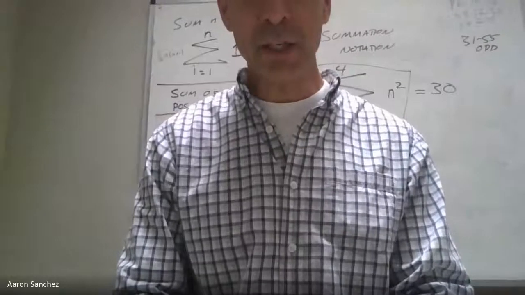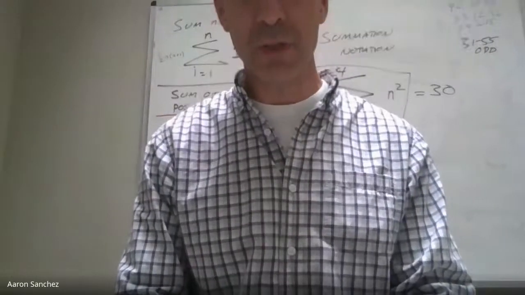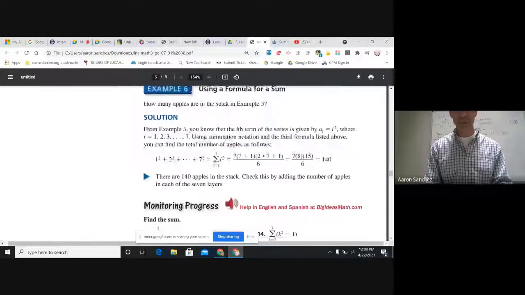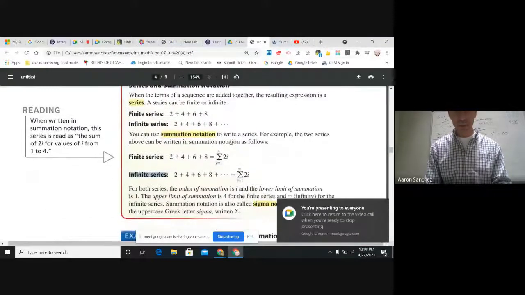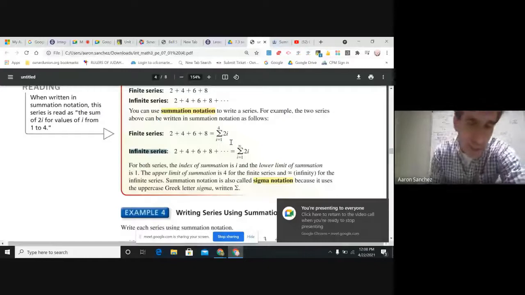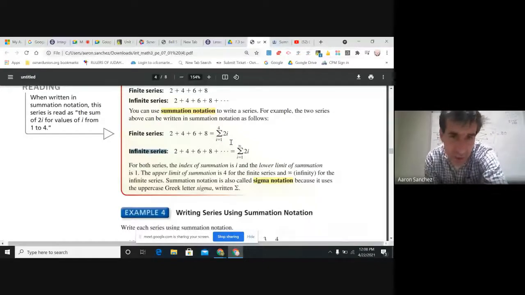So let's take a look at some of our notes in the book here, because I think that they write it out really good here. So I want you to see this. You can have a finite series and an infinite series. I'm assuming you guys can see what I have here.